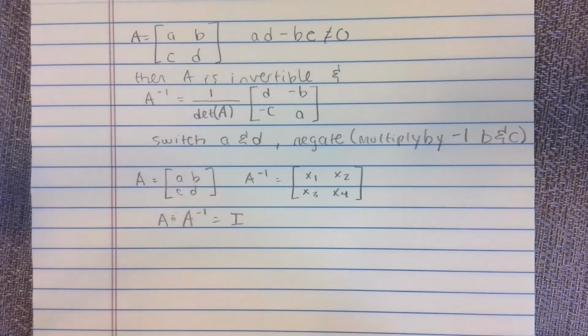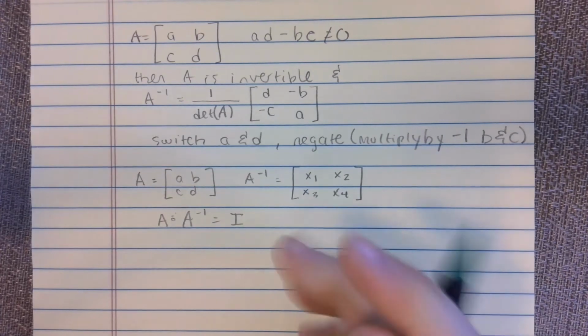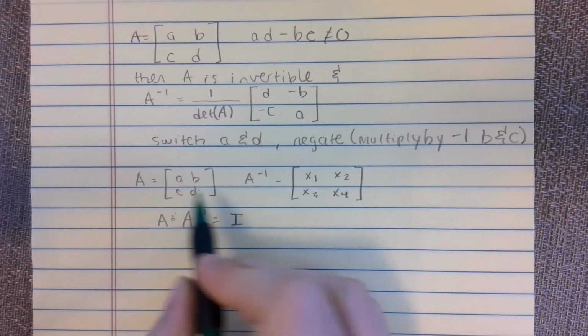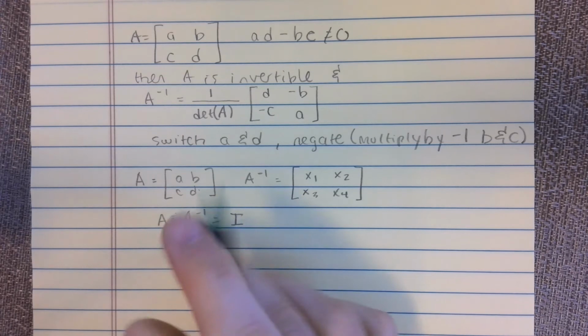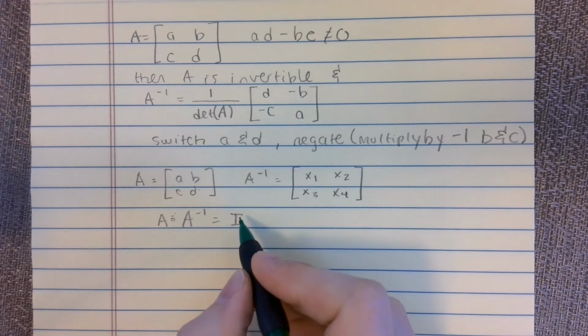So just like we did in the last example, multiply these two together and go component by component to try to get some kind of system of equations for this.